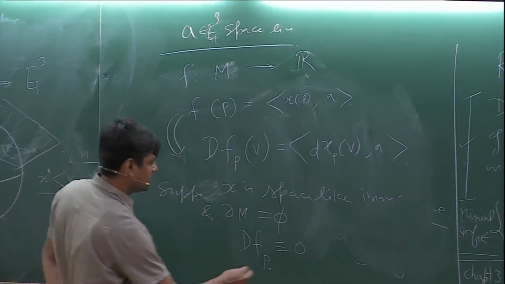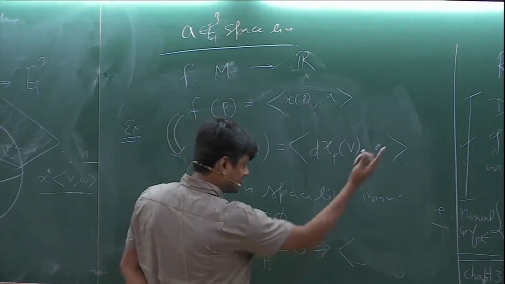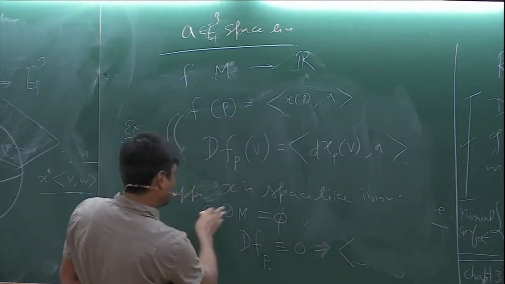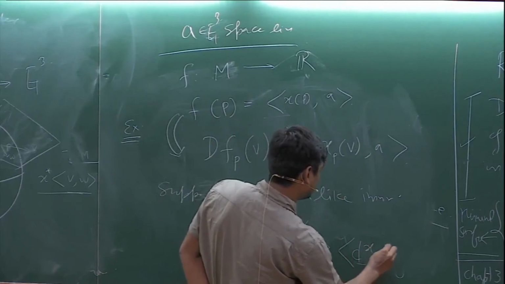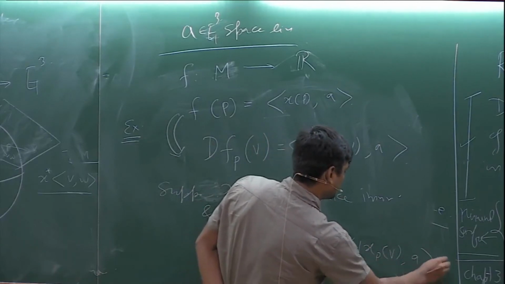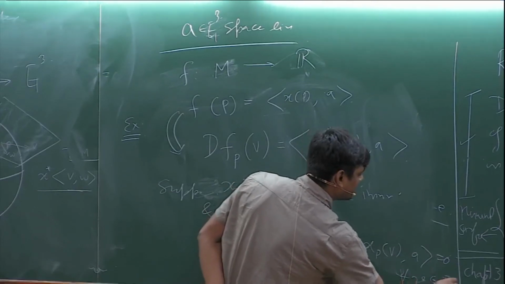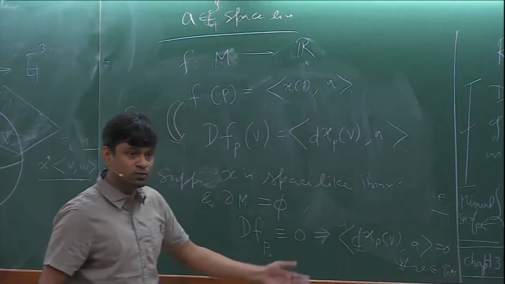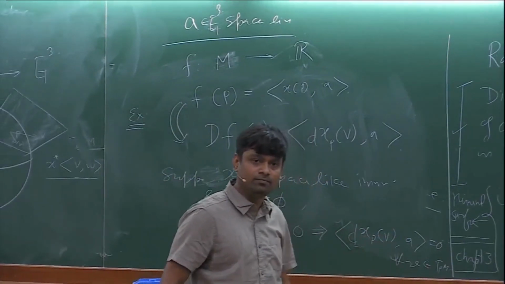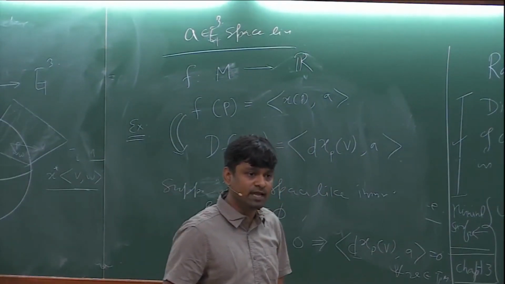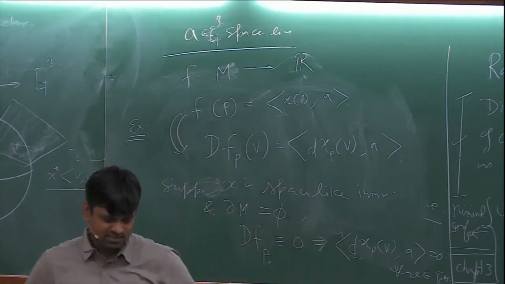This means dX_P(V) comma A equals 0 for all V in T_P M. So this means A lies in the perp of T_P M. So A is time-like, but you started from A being space-like.